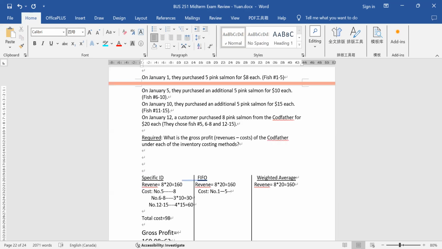Then you have 5 fish, $8 each, and then you have 40.